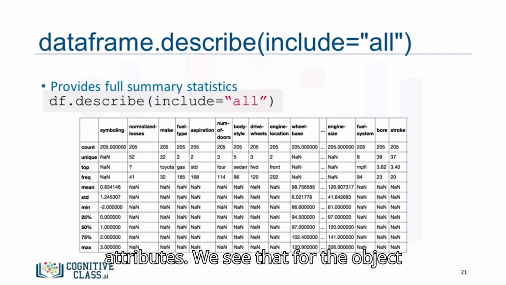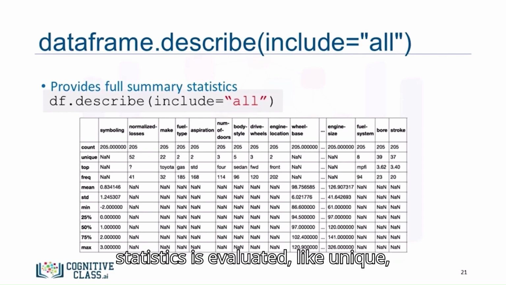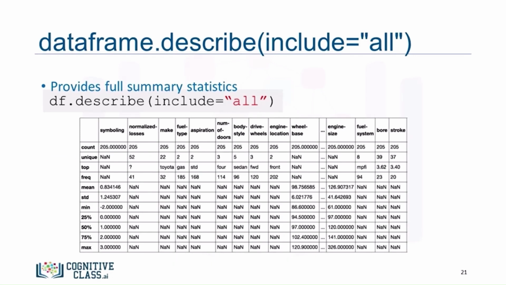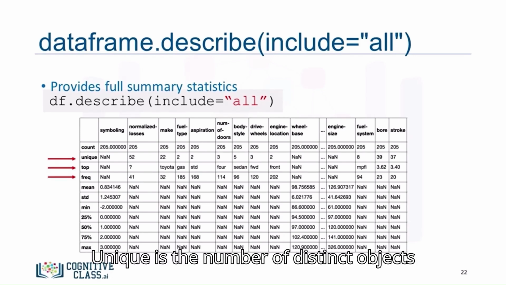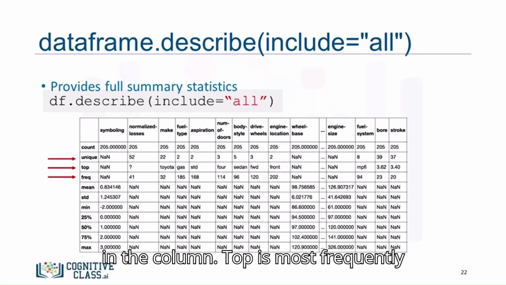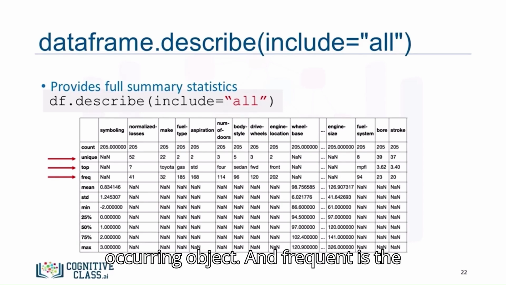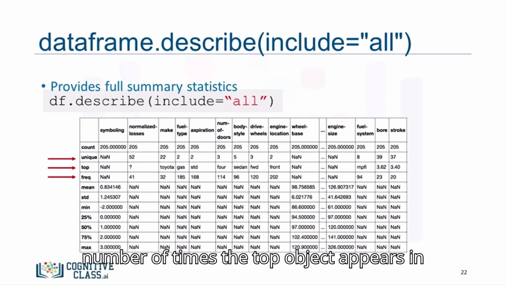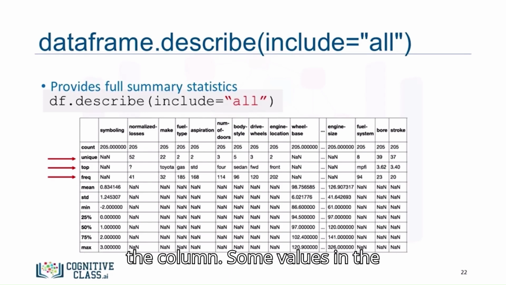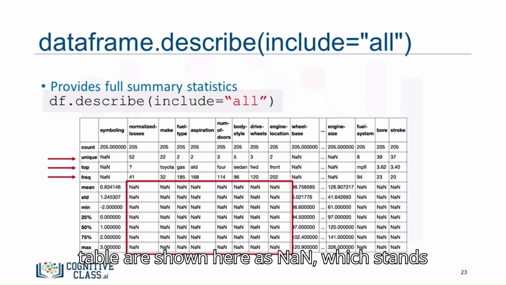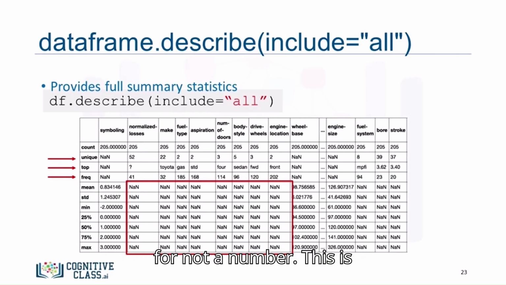We see that for the object type columns, a different set of statistics is evaluated, like unique, top, and frequency. Unique is the number of distinct objects in the column. Top is the most frequently occurring object, and freq is the number of times the top object appears in the column. Some values in the table are shown here as NaN, which stands for not a number. This is because that particular statistical metric cannot be calculated for that specific column data type.